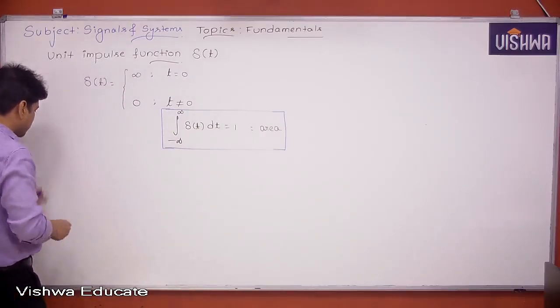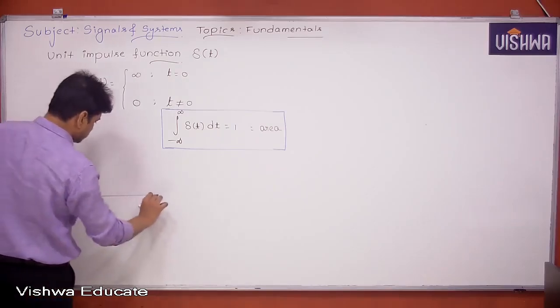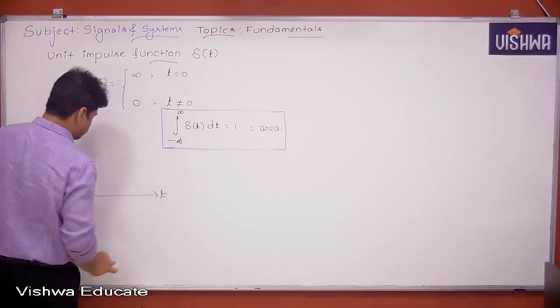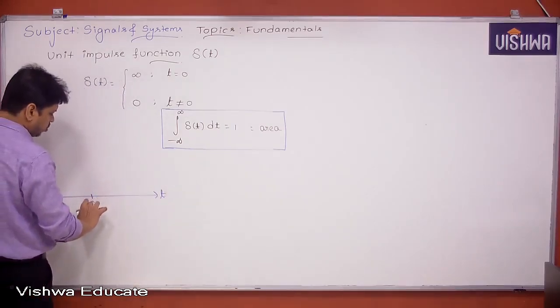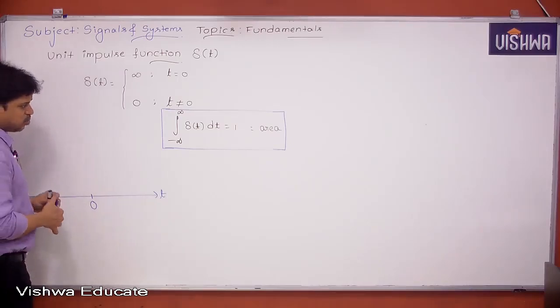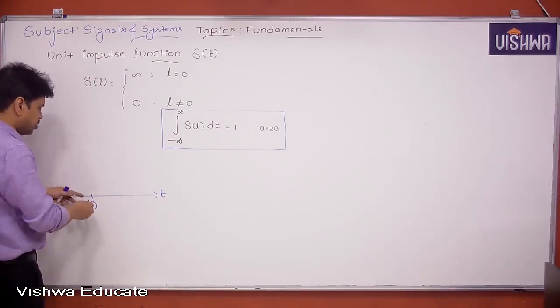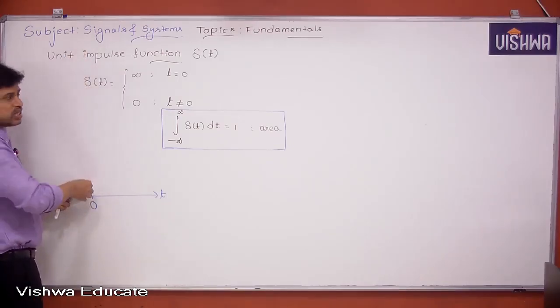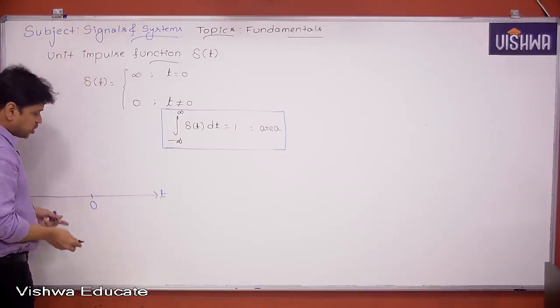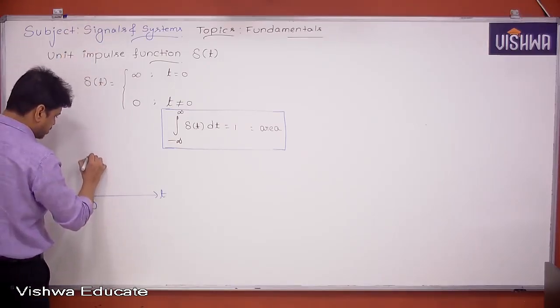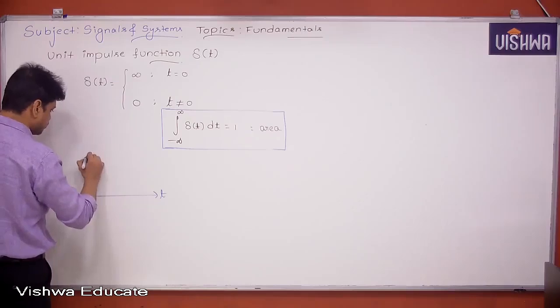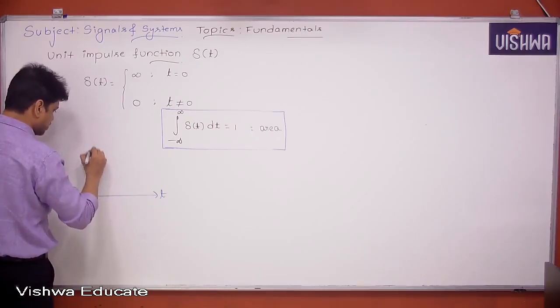Then graphically, how can we show this impulse function with respect to t? It exists only at 0, and its value is infinity. I don't have the board so that I can go to infinity. Then how can we show this, sir? We can show it like a spike, and we can write 1 here. What this spike indicates is that its amplitude goes to infinity. But what does this 1 indicate? It is nothing but the area of the impulse function.